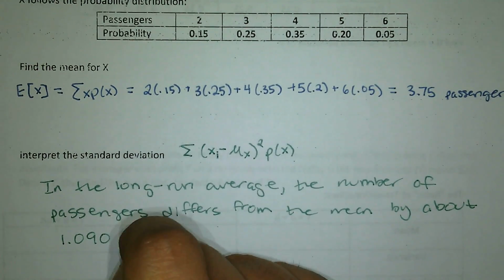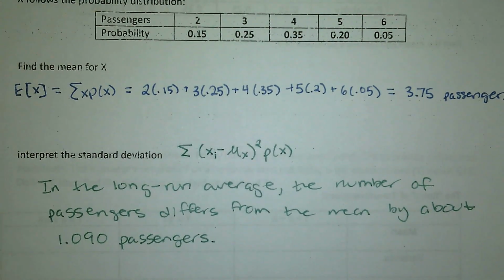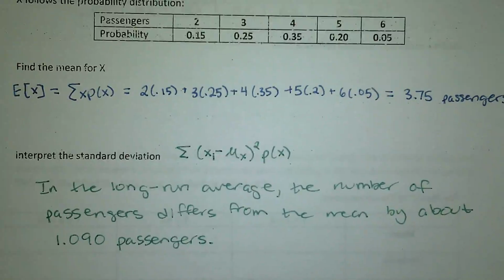So we differ from the mean number of passengers by about 1.090 passengers. So just some quick interpretations and findings there.